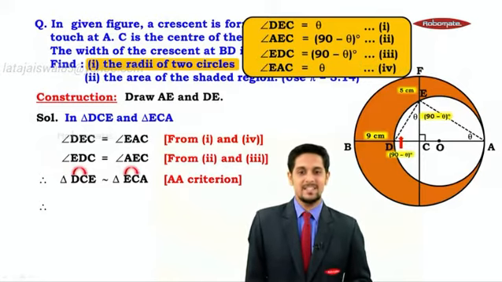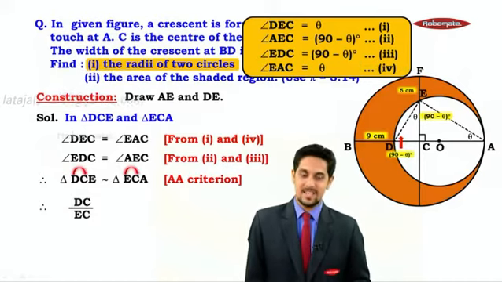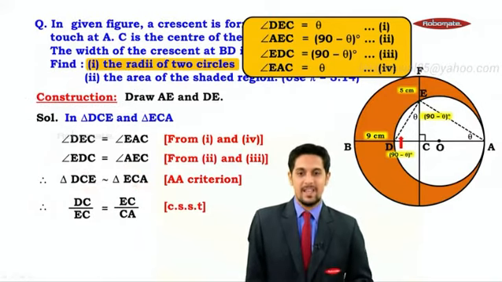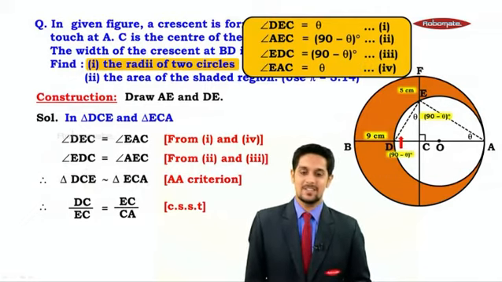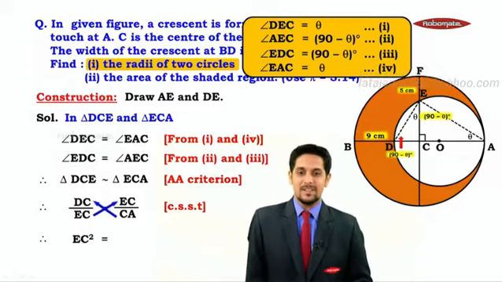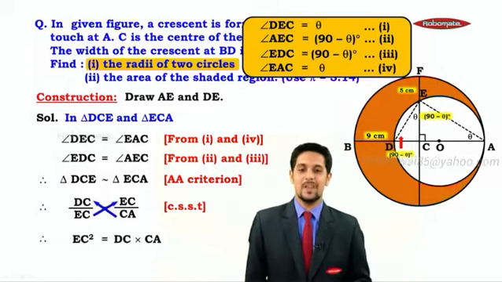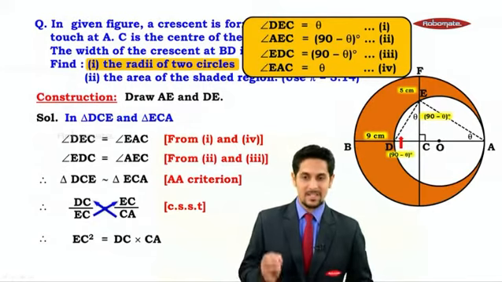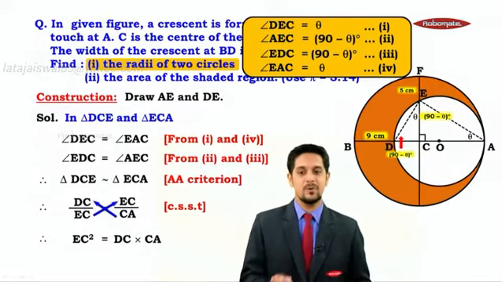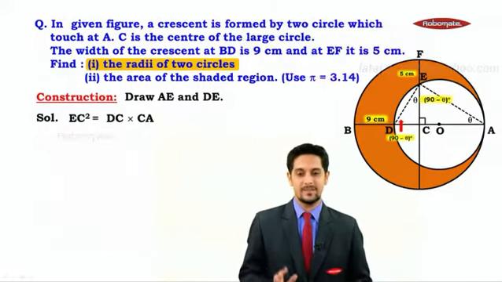So we write DC upon EC is equal to EC upon AC, and the reason will be CSST, that is, the corresponding sides of similar triangles. On cross multiplication, we have EC square is equal to DC into AC. Now students, we have this very important equation, that is EC square is equal to DC into AC.